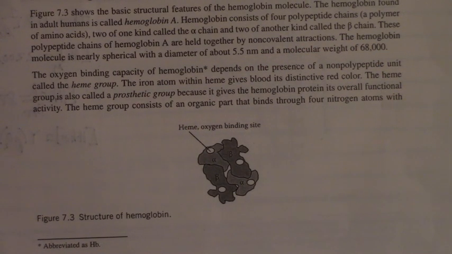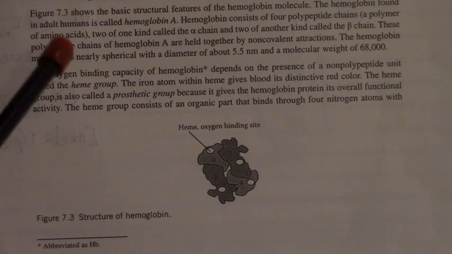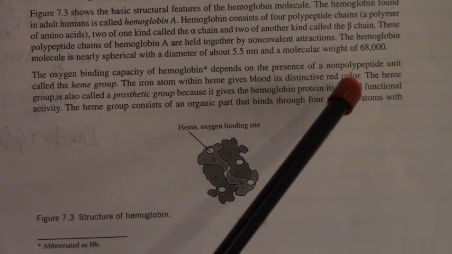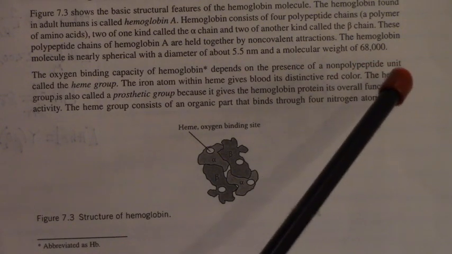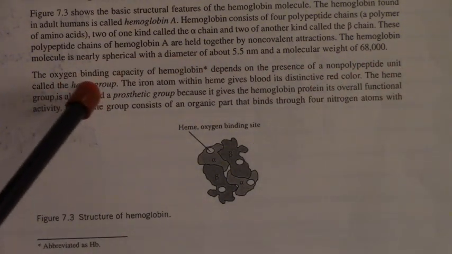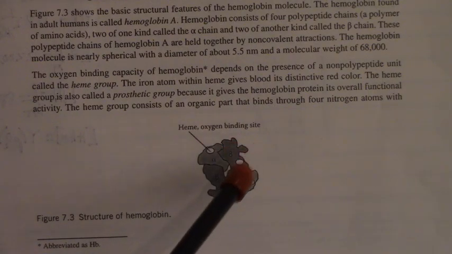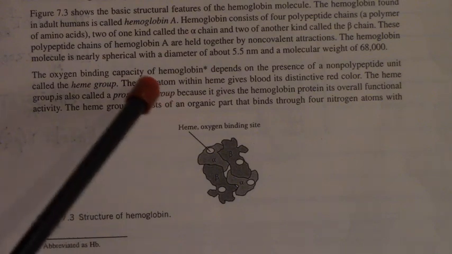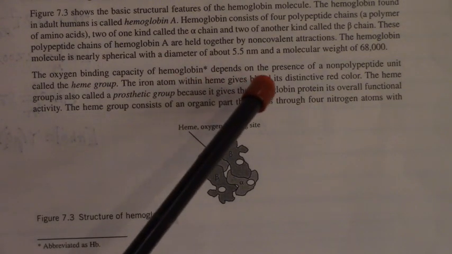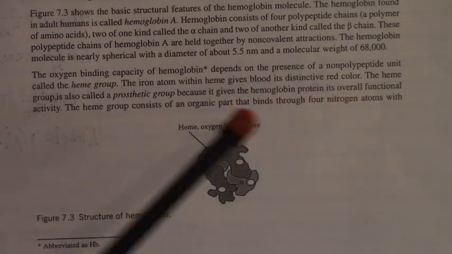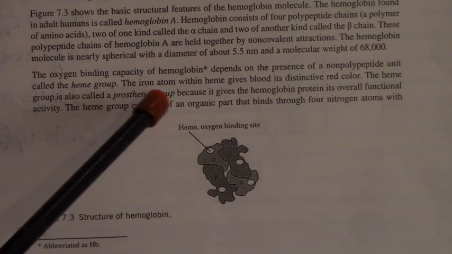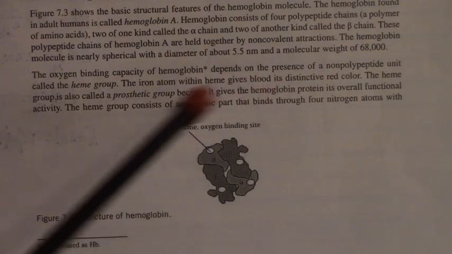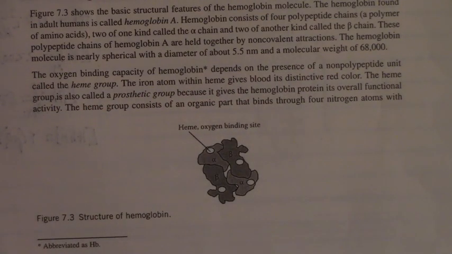and a molecular weight of 68,000. Now, the oxygen binding capacity of hemoglobin depends on the presence of non-polypeptide units called the heme group. I show a heme group on each one of these polypeptide chains. The iron atom within the heme group gives blood its distinctive red color. The heme group is also called a prosthetic group because it gives the hemoglobin protein its overall functional activity.